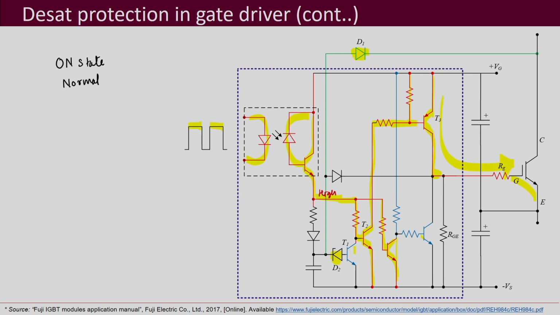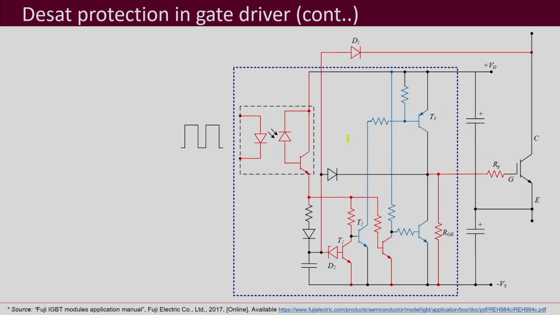Now, let us see what happens when you are in on state, but there is a fault condition. Okay, overcurrent fault is there. So, here this is high, so this conducts, again this conducts. So, this is all as usual as the on state that we saw just now.